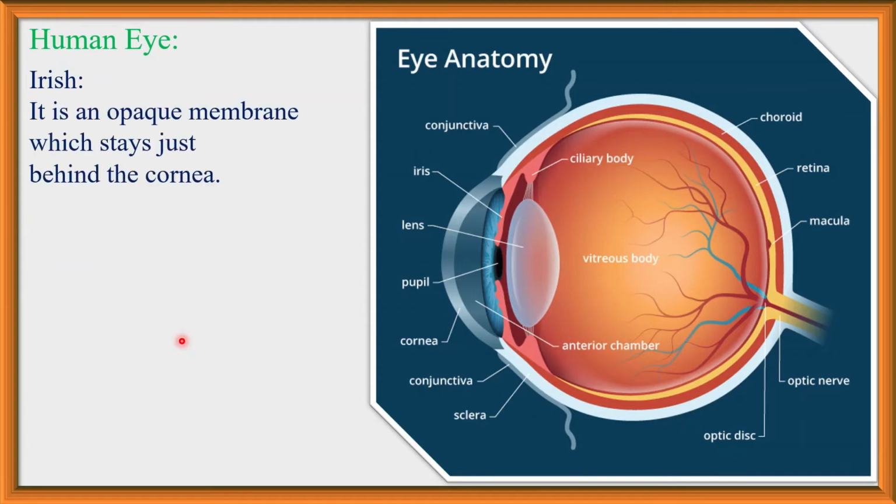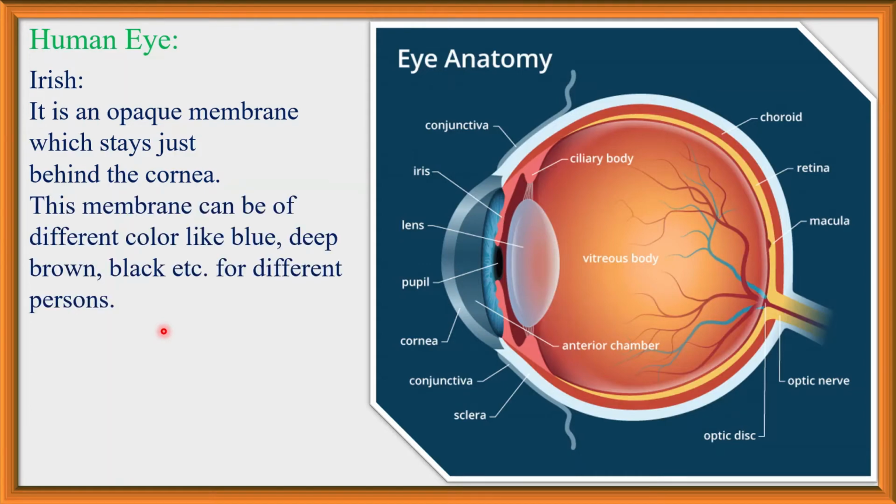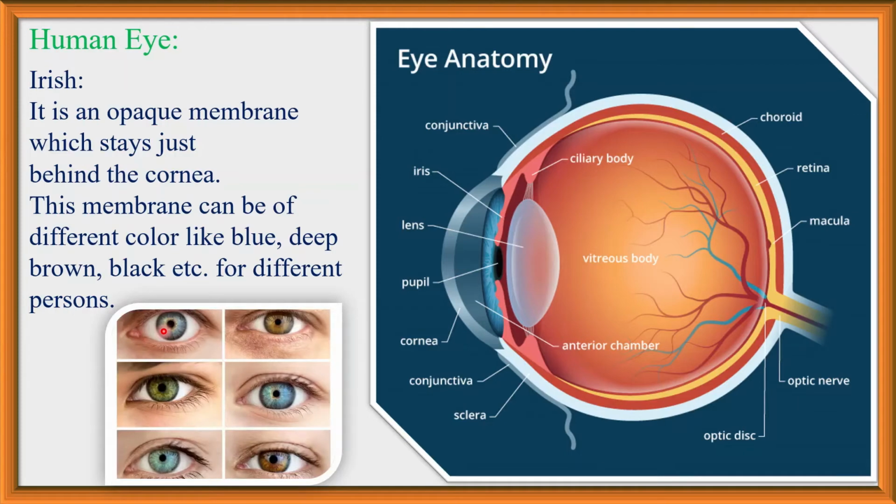Iris. It is an opaque membrane which stays just behind the cornea. This is the iris, and this membrane can be of different colors like blue, deep brown, black, etc. for different persons. There are different colors of iris.